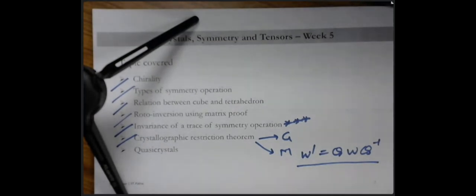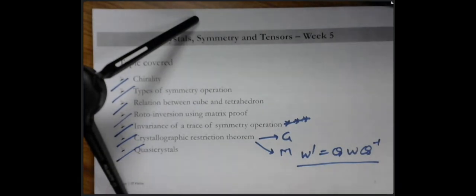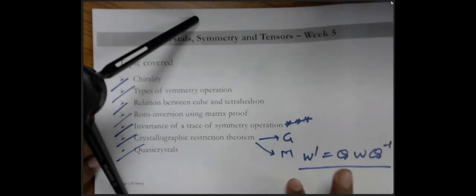There was a crystal which seemed to deviate from the theorem, and yes, it deviated, and it gave a new class, the quasicrystal, because it was giving sharp spots in the diffraction. These were the concepts we discussed in week 5. Let's move ahead and try to solve a few questions based on these concepts.